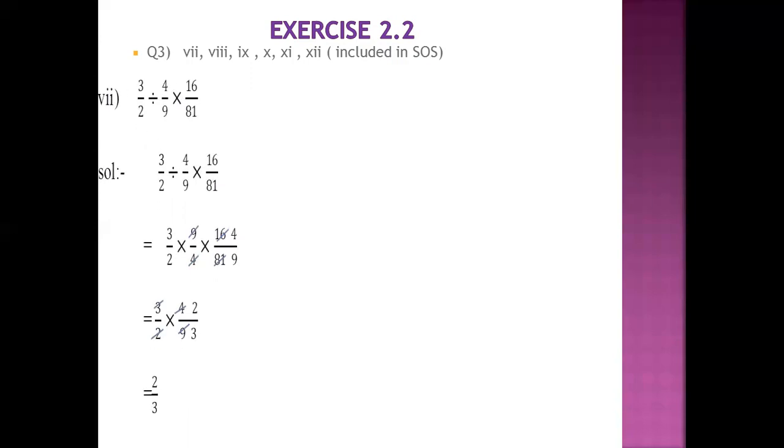If you look at this question, you have one rational number, then a division sign, then the other number, then a multiplication sign, and then a third number. You know that when both division and multiplication are present in one question and there is no bracket, first we do division and after that multiplication.